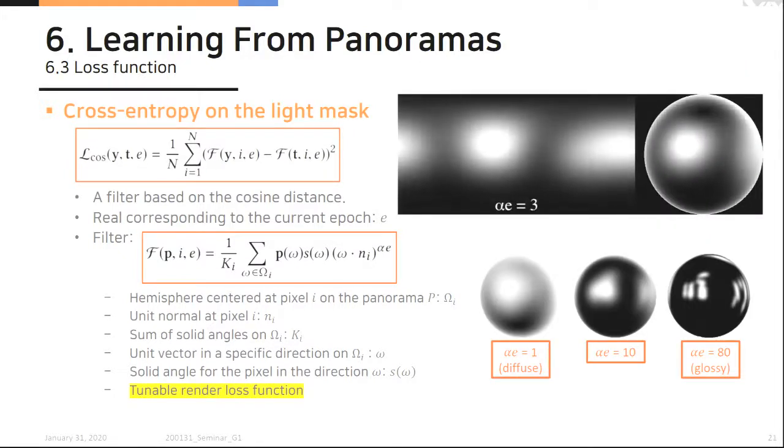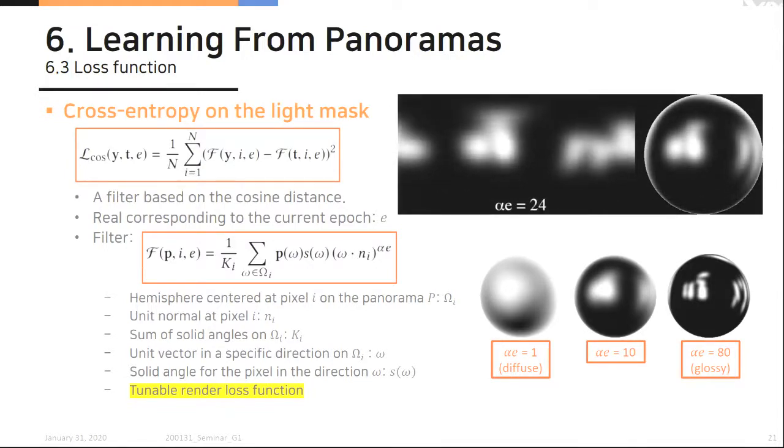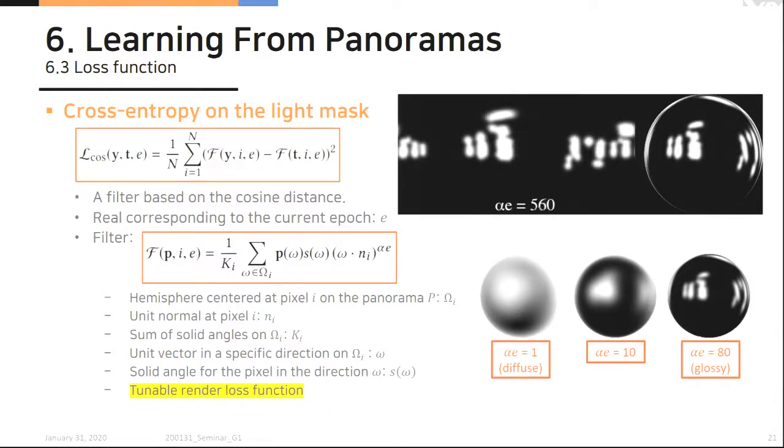By adjusting the parameter alpha_E, which I didn't explain yet, you can get different results, and they call it a tunable render loss function. So you can get a diffuse result, you can get a glossy result.